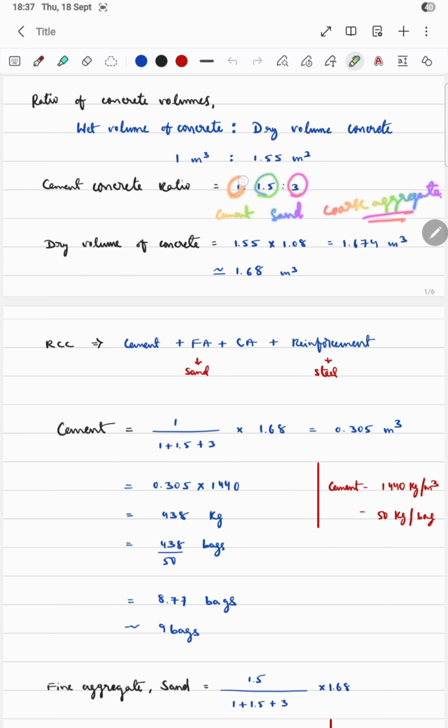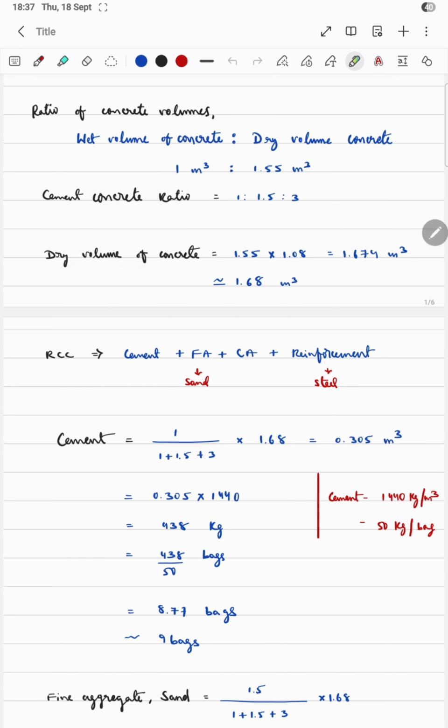For every 1 unit of cement, we need 1.5 units of sand and 3 units of coarse aggregate. The wet volume required is 1.08 meter cube. We simply multiply with 1.55, and we get 1.674 meter cube of dry volume.